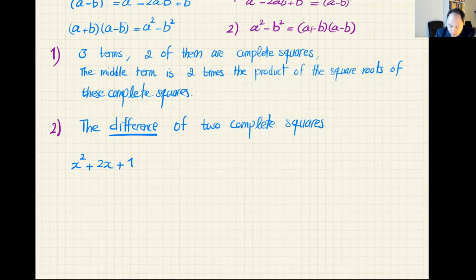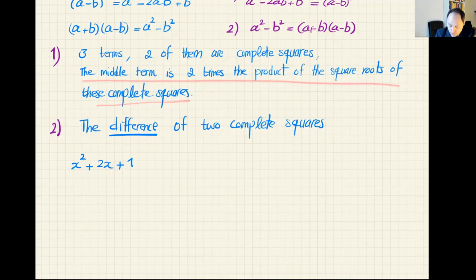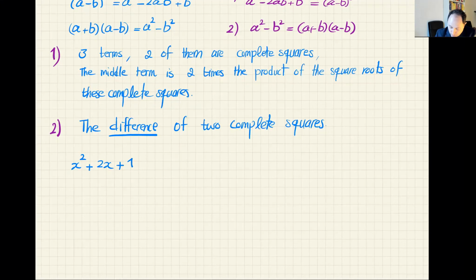But the important thing is that the middle term is 2 times the product of the square roots of these complete squares. You need to go to a scratch paper, for example. Take the square root of this one, it becomes x. Take the square root of this one, it becomes 1. And then 2 times the product of these: you multiply a 2.